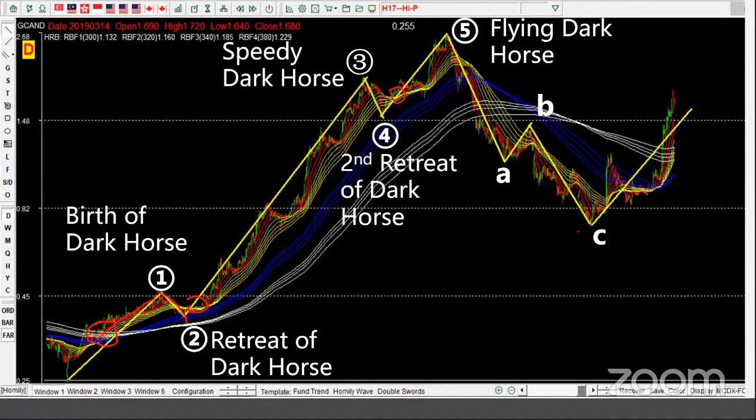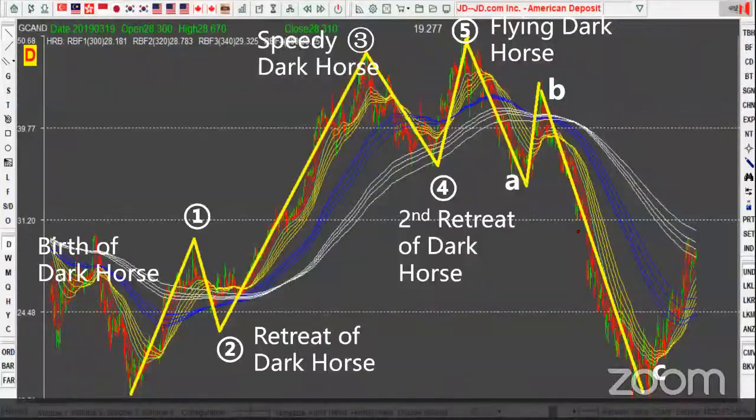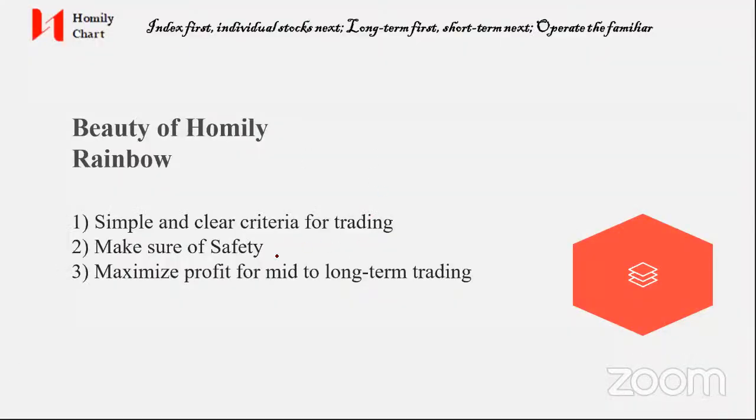Okay, but what's the beauty of our Homely rainbow? The beauty is you don't have to care about when to begin to count the 5 waves. You have very clear, simple criteria for trading.